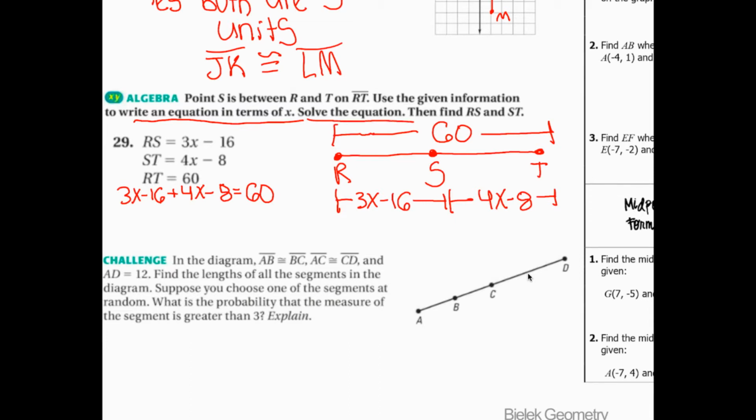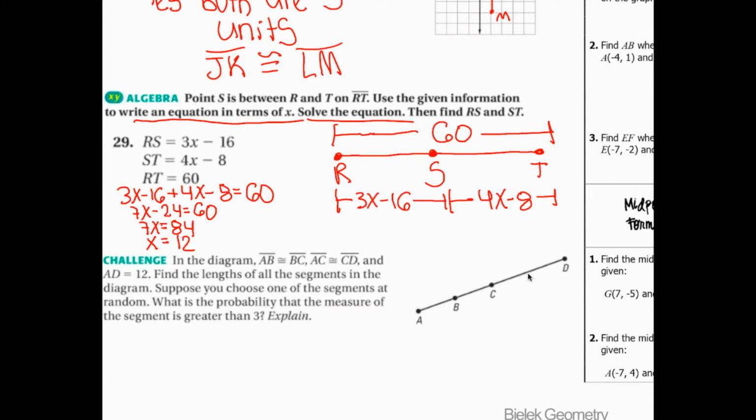So we'll combine like terms. So that's 7x minus 24 equals 60. Moving terms over, that would be 7x is equal to 84. So x would have to be 12.